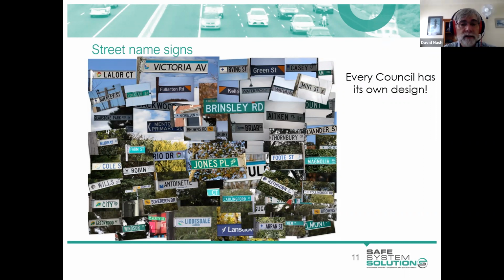I don't mind the idea of having a logo for the council on it, but it should be small and supplementary to the main information, which is what is the road name.